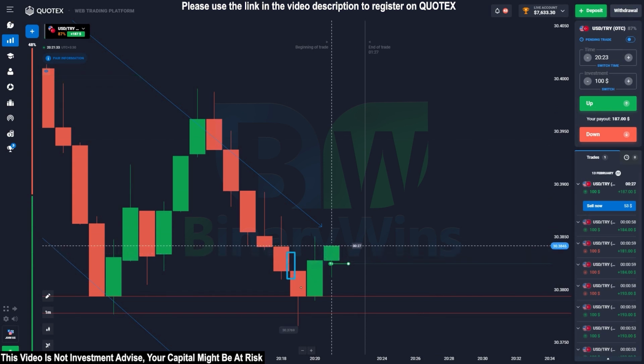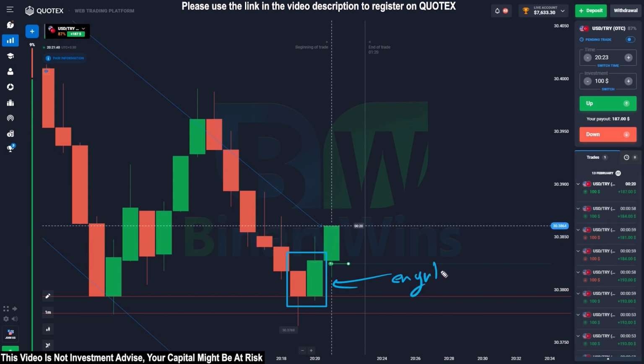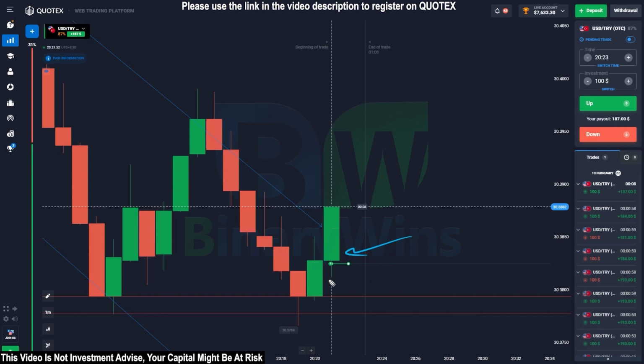If you look here, we have a bullish engulfing pattern. According to the tips I explained in the engulfing pattern video, get confirmation for the engulfing pattern trade.